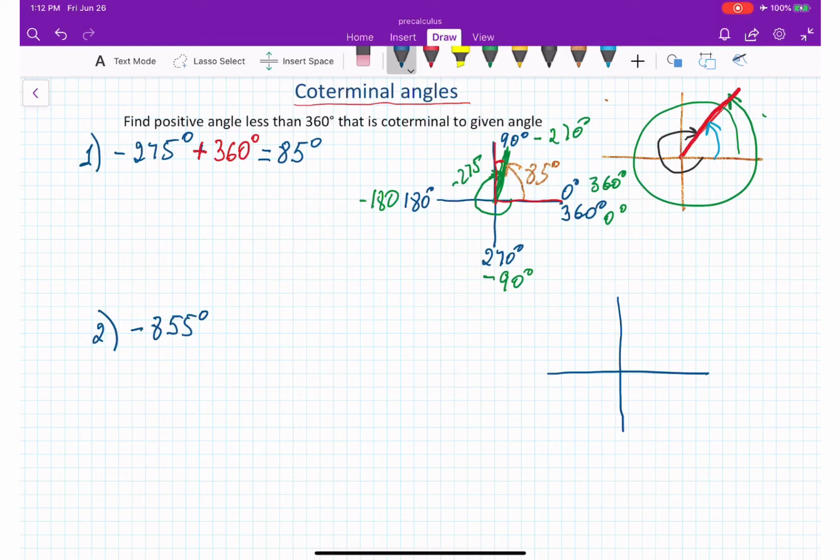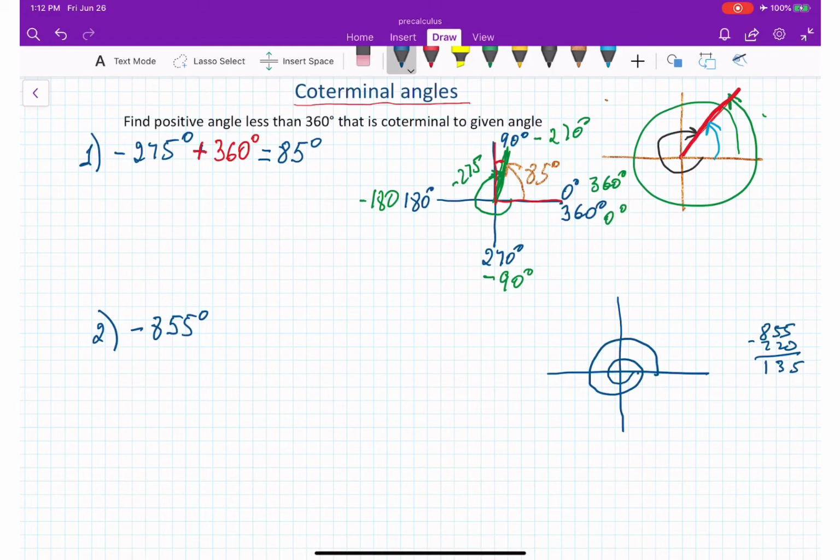So it's negative, so I'm going this way. So here we got 360 degrees. Going one more time, we got 720 degrees. Let's see how much more we have left to go. 855 minus 720, we get 135.